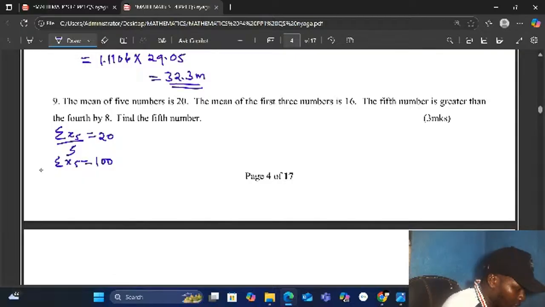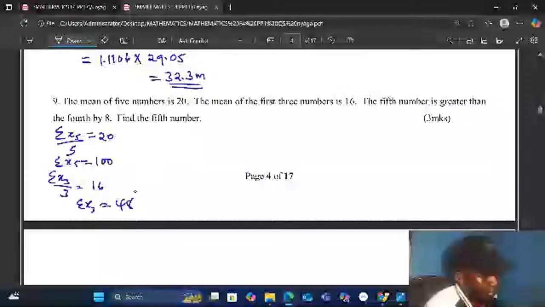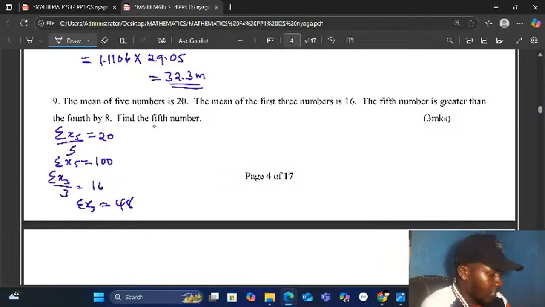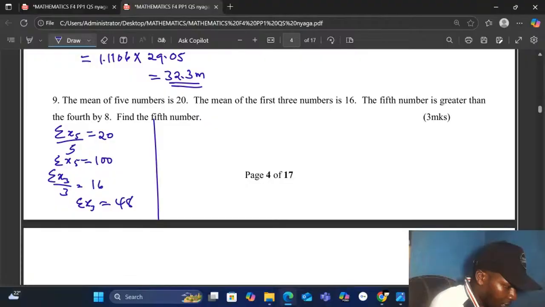Then they're saying that the mean of the first three, now we shall divide by 3 equals what? Now we have the fifth number, x.